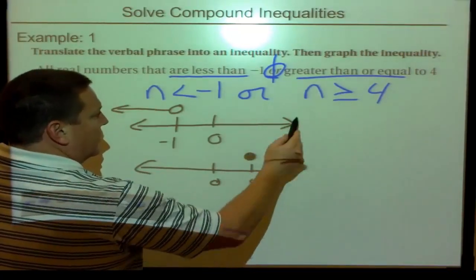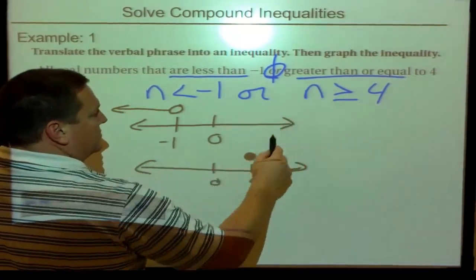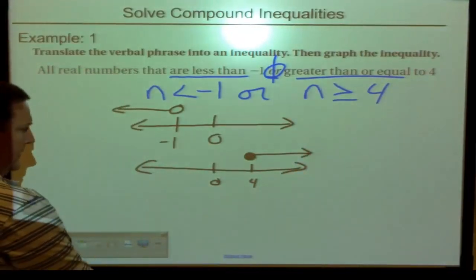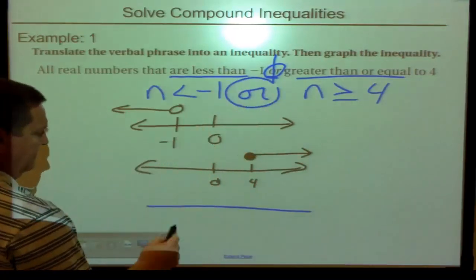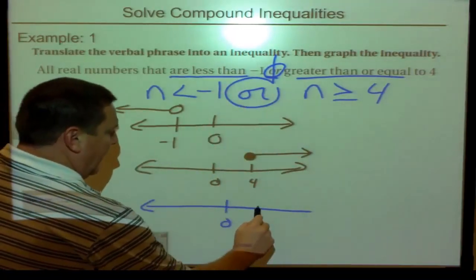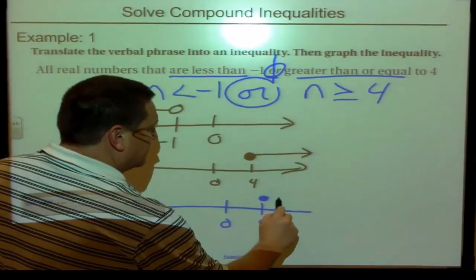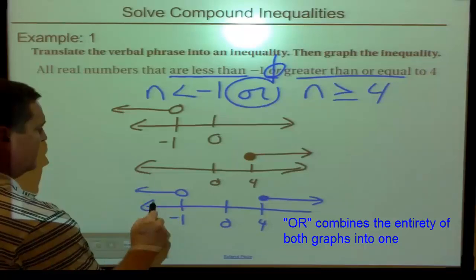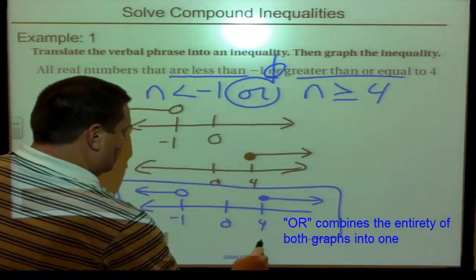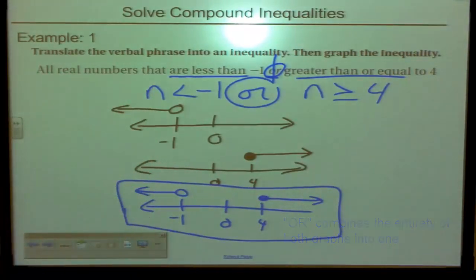Closed circle. Looking for numbers bigger than 4, it's opening towards the variable, so that's an arrow to the right. So the solution, because we're using the word or, would be adding both of these together. And this ends up being the solution of that compound inequality.